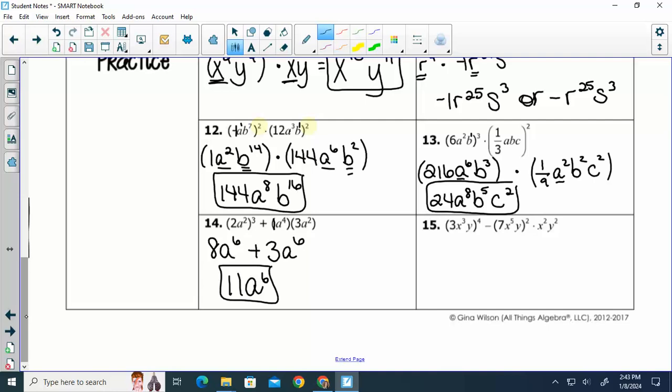So 3 to the 4th is 81. X, 3 times 4 is 12. Y to the 4th. 7 squared is 49. X to the 10th. Y to the 2nd.